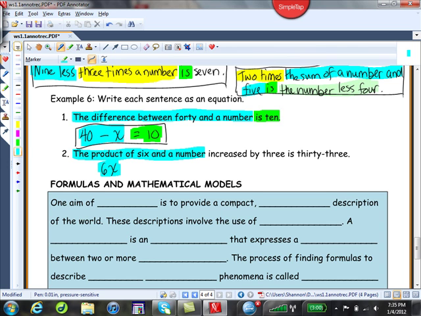Increased by 3. So we're adding 3. Is 33. There we go.